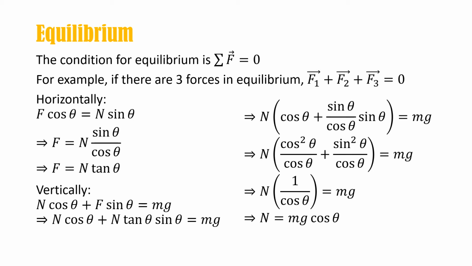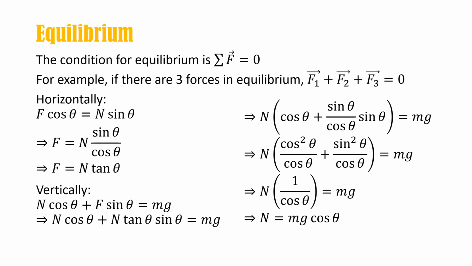So we've managed, starting off with a whole lot of forces, to get to an equation for what n is equal to. At the very beginning, when we were looking at our horizontal forces, we had F cos theta equals n sine theta, and we divided both sides by cos.